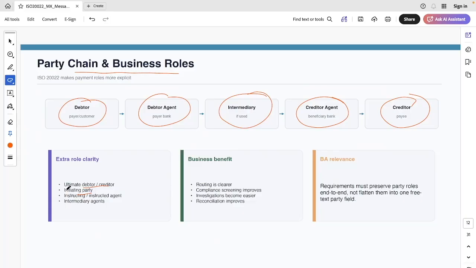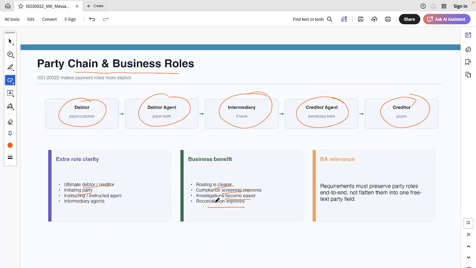Because routing becomes clear, compliance screening improves because party identification is more precise, investigations become easier because the roles of parties are more explicit, and reconciliation improves because downstream systems can use specific fields rather than guessing from free text.